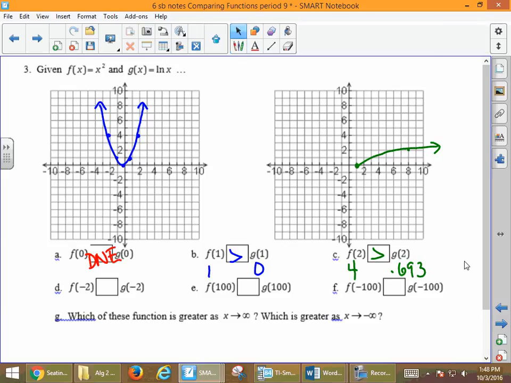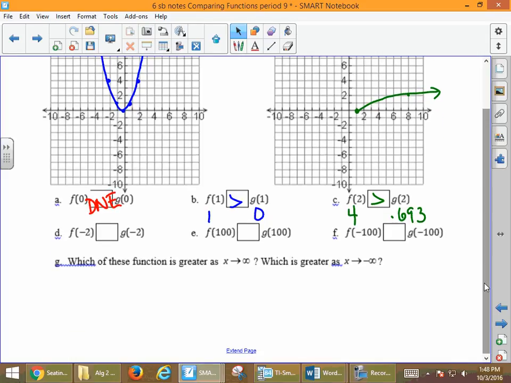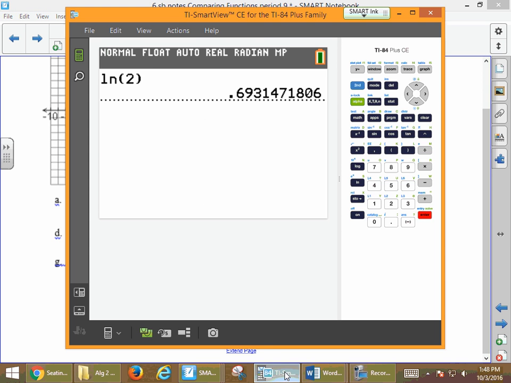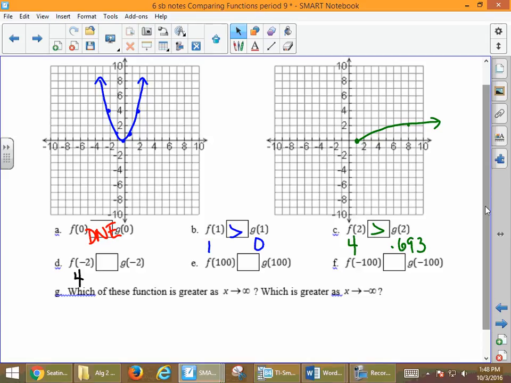So I wonder what happens when we deal with the negative here. And f of -2, -2 squared means -2 times -2, which is positive 4. But when we come over here, once again, I don't even need to type it in the calculator, because this is g of -2.